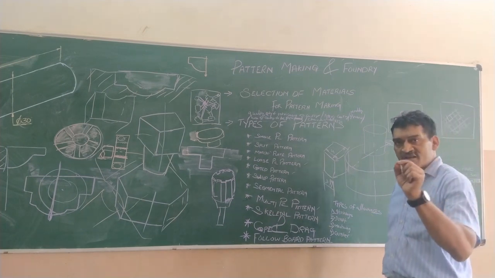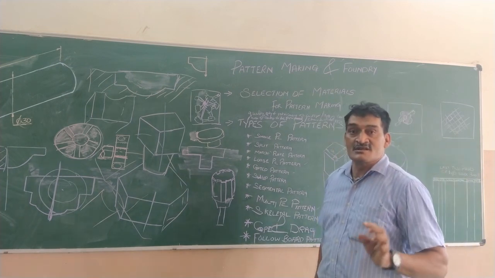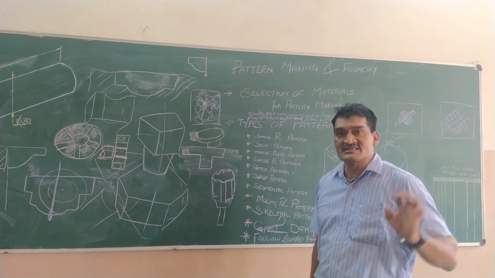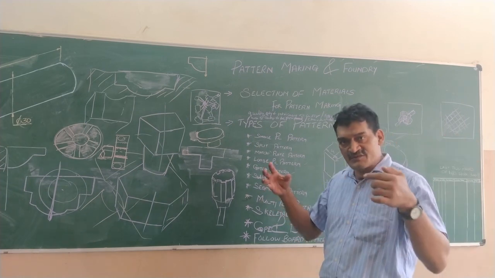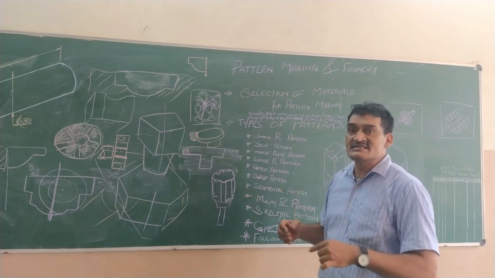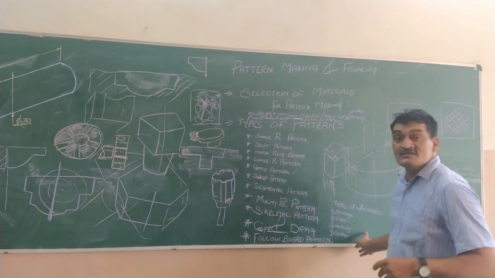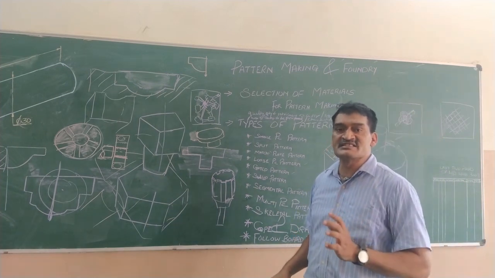Now this tolerance or allowance depends on the desired fit. First, I told you about interference. Interference means where it is tight, it holds it tight. Next is your clearance fit. And the last is transition.